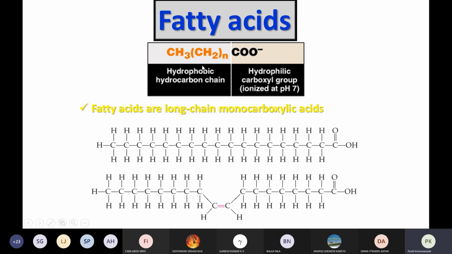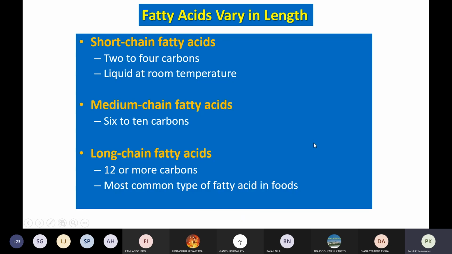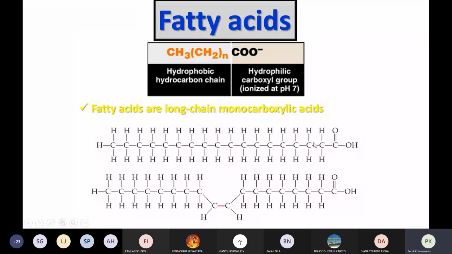You can see here, they have one side hydrophilic carboxyl group and other side hydrophobic hydrocarbon chain. So they are the very long chain carboxylic acids.